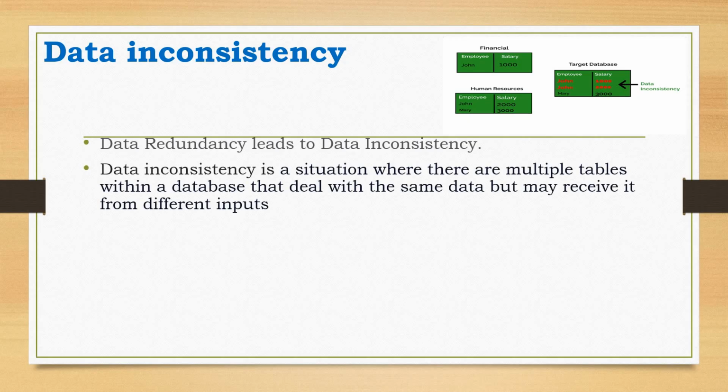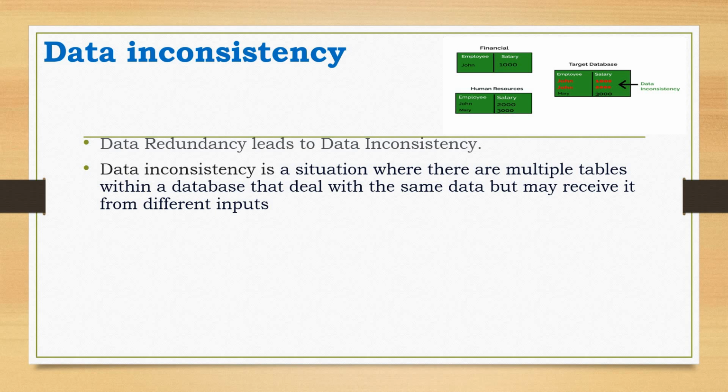For example, if I fail to update one data in another file. In this example, in the financial table John's salary is 1,000, and in the human resource table I updated that salary to 2,000.